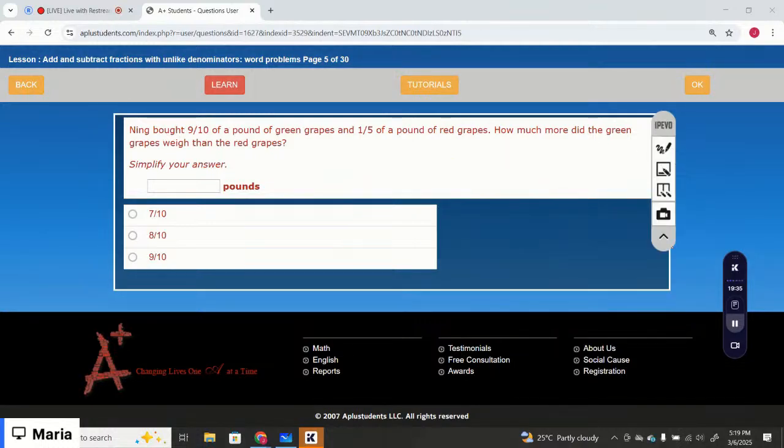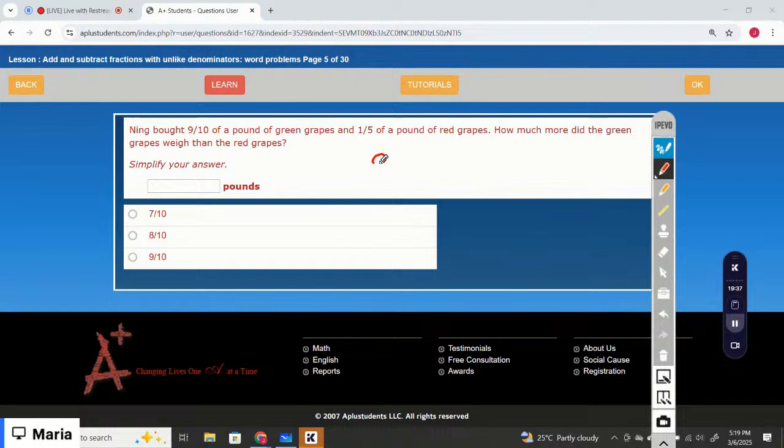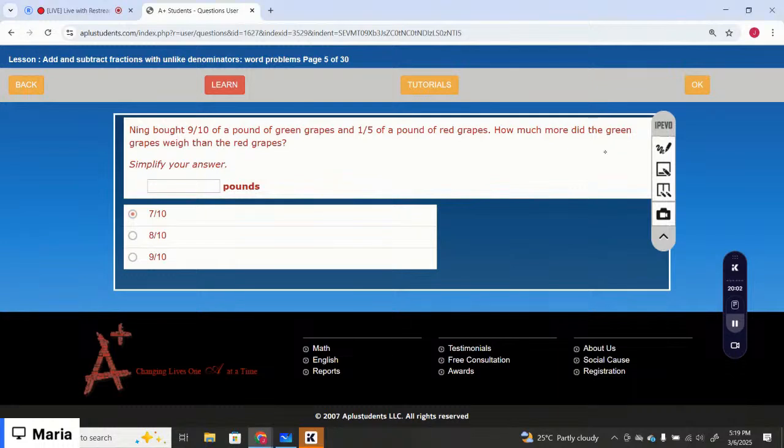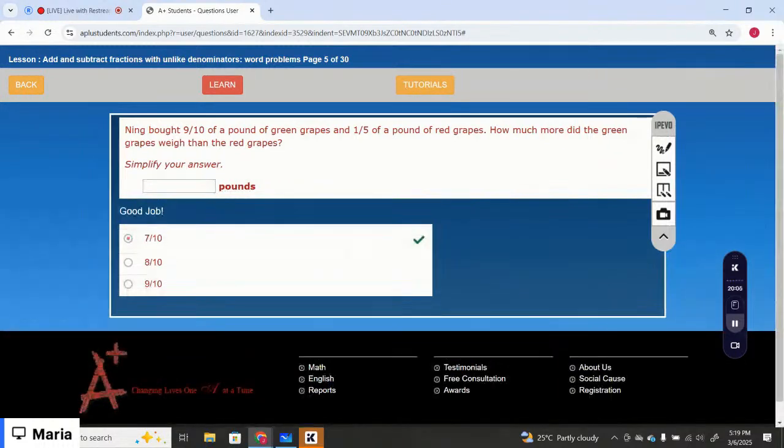You have to subtract. Minus 2 over 10. So that equals 7 over 10. Option number 1 is the correct option. That is 7 over 10.